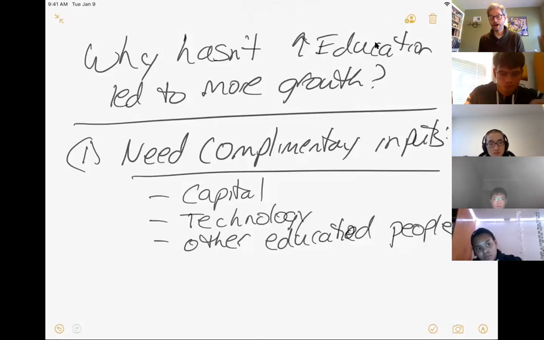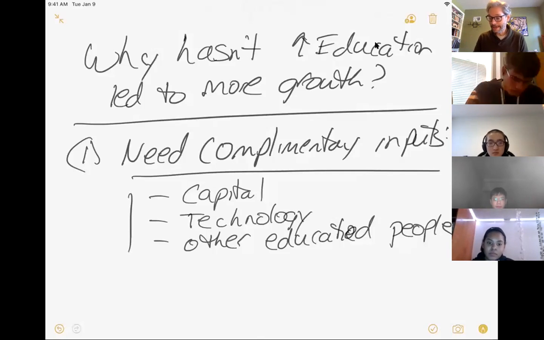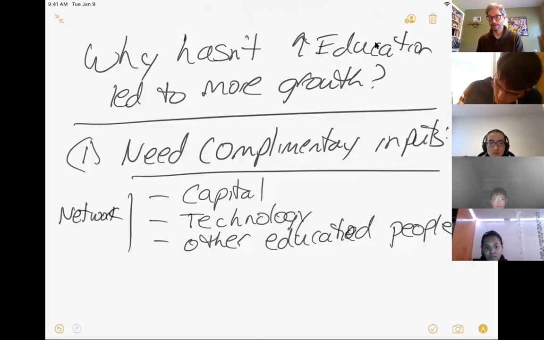In other words, as we're going to talk about, most innovation is networked, right? And what is a network? A network is other technology and other capital and other educated people. So human capital is most valuable when it's part of a network.